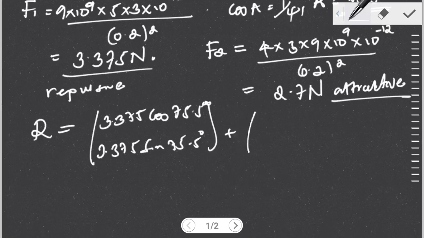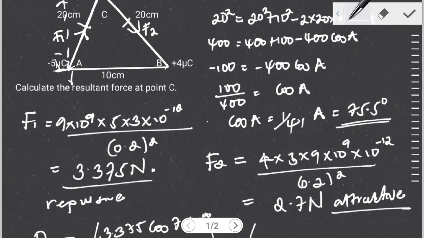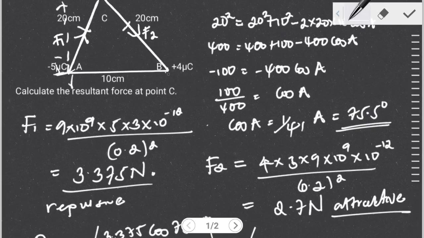Now let's look at 2.7. It is moving downwards from here.